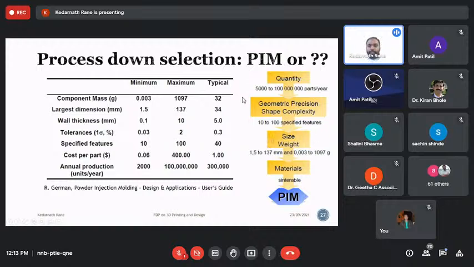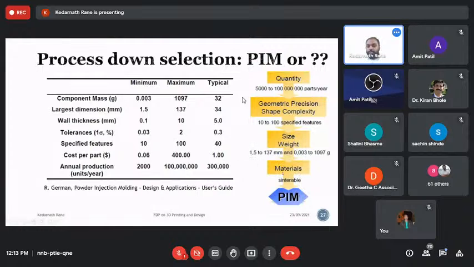Size of the part is between some millimeters to some microns, like 1.5 millimeter, maybe a higher dimension. But as we saw in the previous pictures, micro injection molding is also a very important factor, typically for telecom and electronic applications.